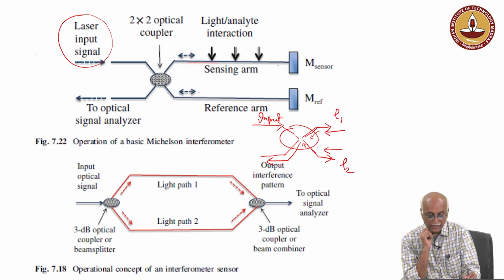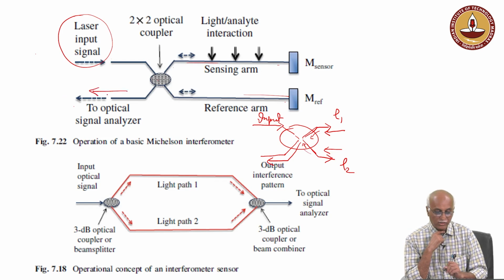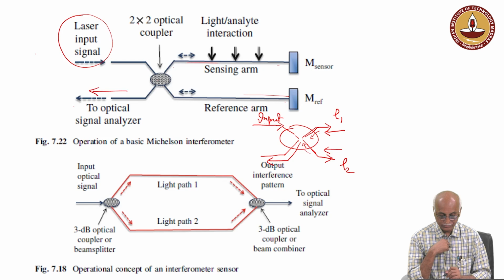The electromagnetic wave travels depending upon the waveguide or optical fiber length, etc. Then when it reflects back, it comes to this coupler, and the output is captured from this fiber.